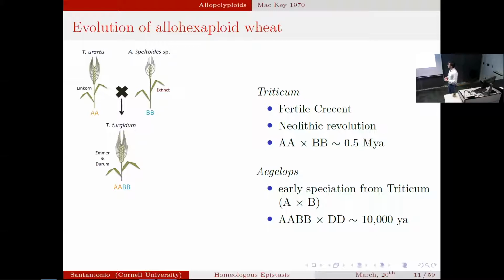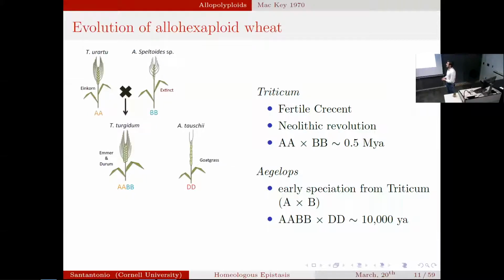Roughly 500,000 years ago, there was a spontaneous cross between these two closely related species, and they produced a tetraploid that had both an A and a B genome, right? So all of a sudden, you took a complete set of genes from one species and a complete set from another, and you brought them into the same organism.